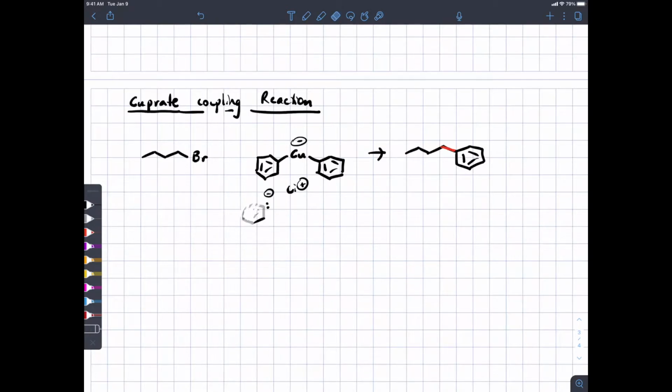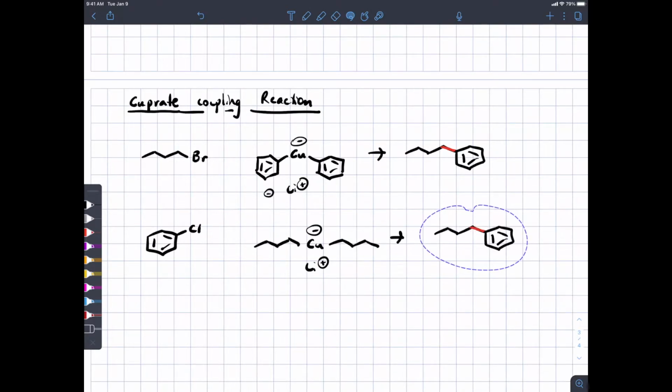But before you draw that conclusion, let me show you some evidence that it's more complicated than that. You can get the same product from this alkyl halide and this cuprate. And it's a little bit difficult to invoke SN2 as a potential mechanism here, because of course we don't do SN2 at aryl carbons. SN2 requires backside attack, and the backside of that carbon is in the middle of the benzene ring, and a nucleophile simply cannot get there.